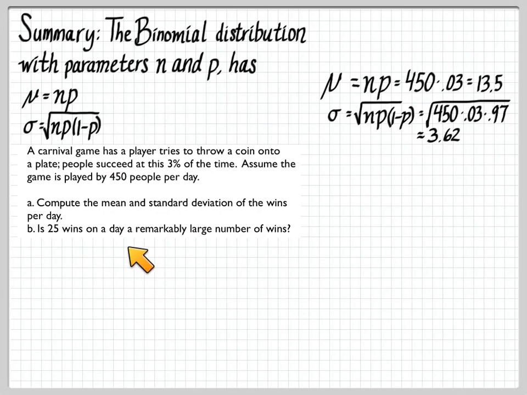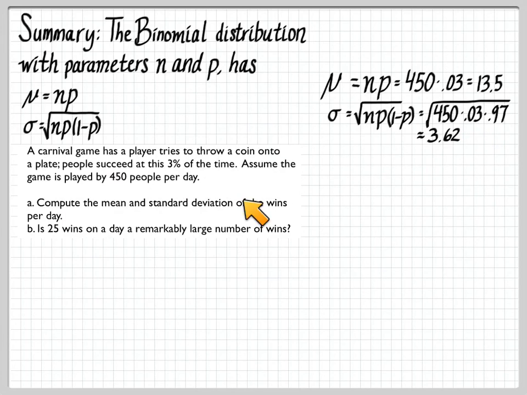Is 25 wins on a day a remarkably large number? Well, we can see it's above average. The average is 13.5. But is 25 just a little bit above average, or is 25 a lot above average? One way to answer this, and we're going to learn about another way in the next lesson, is to use a z-score. We can say, well, here's the standard deviation.